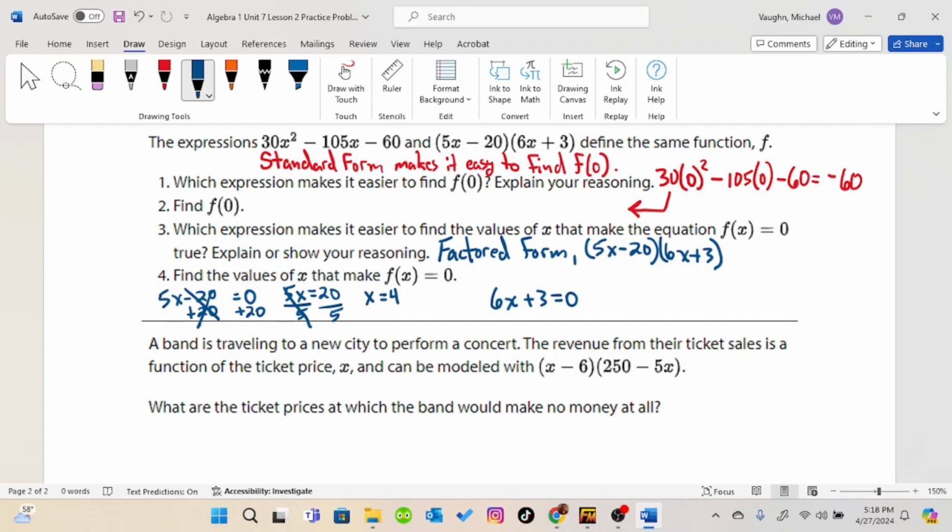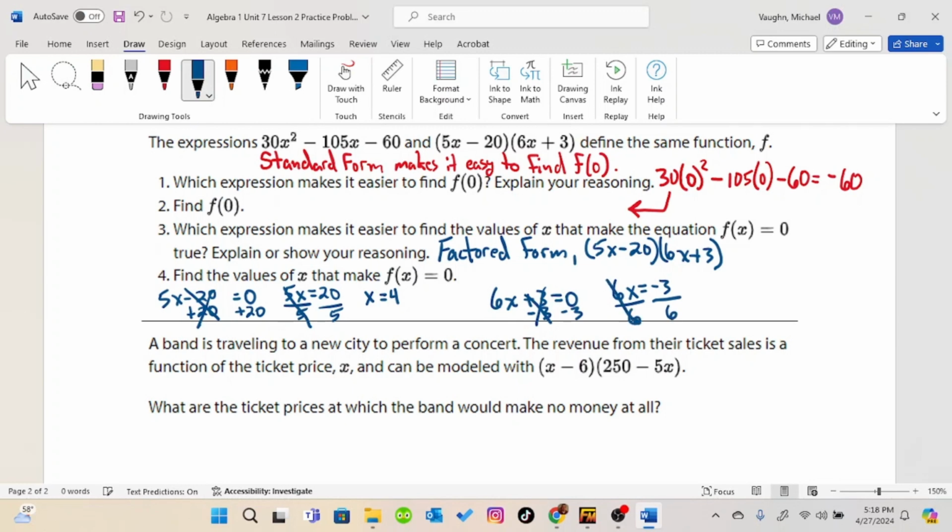On the other factor, we subtract 3 from both sides. This eliminates it from the left. 6x equals negative 3. Divide both sides by 6.